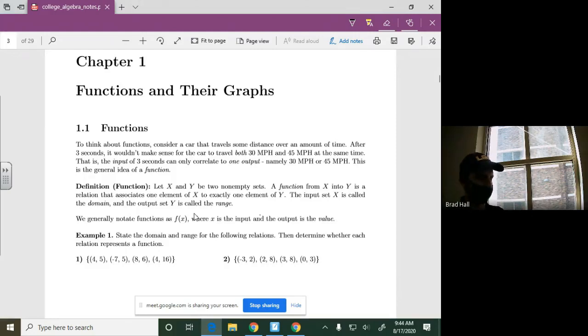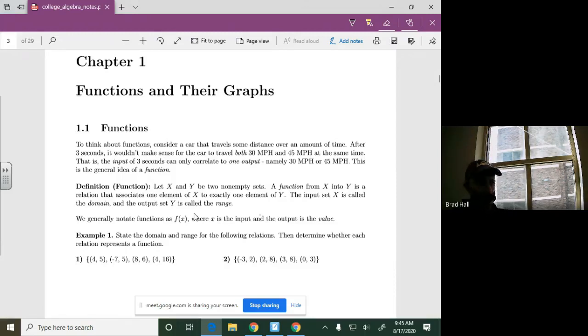You might think, what a silly thing to ask. 2 miles per hour at the same time? It sounds a little weird, because if after 3 seconds a car is going both 30 miles per hour and 45 miles per hour, that doesn't make sense. It's got to be one or the other. So to slowly incorporate some terminology, the input of 3 seconds can only correspond to, at most, 1 output, which is the miles per hour.